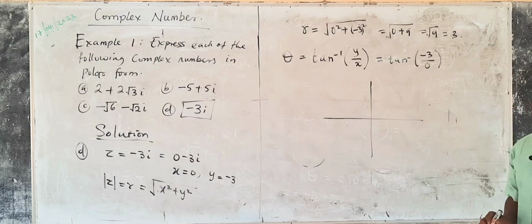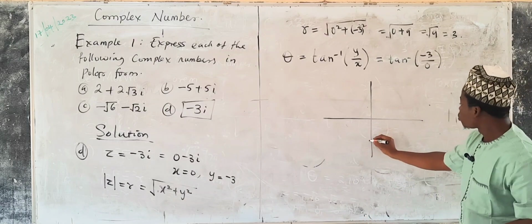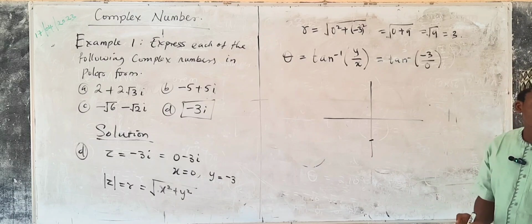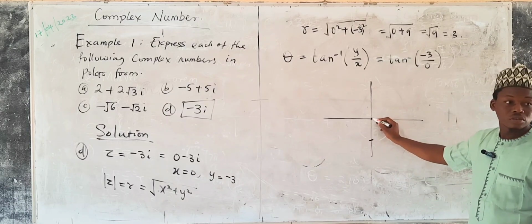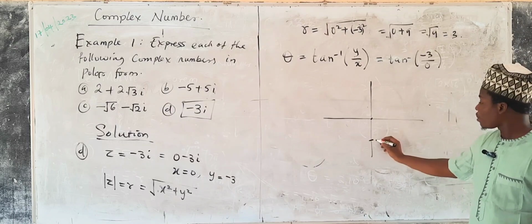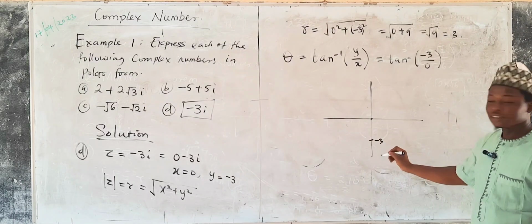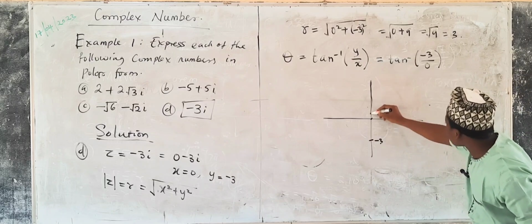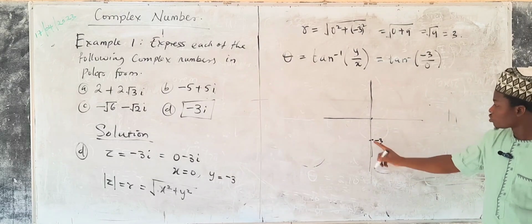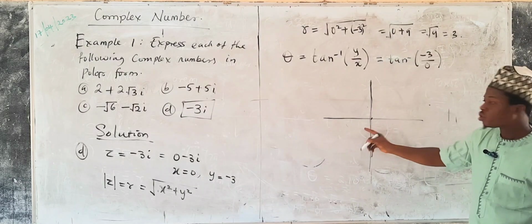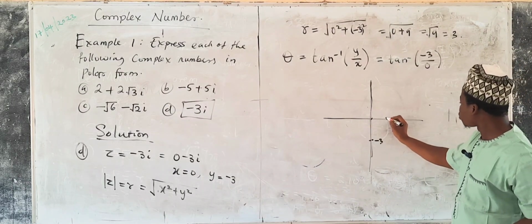So now you go back to your Cartesian plane. You see that now? Your x is 0, right? Where's your y? Minus 3, right? So your theta is this line. This is 0, minus 3. So your angle is here, starting from the origin.